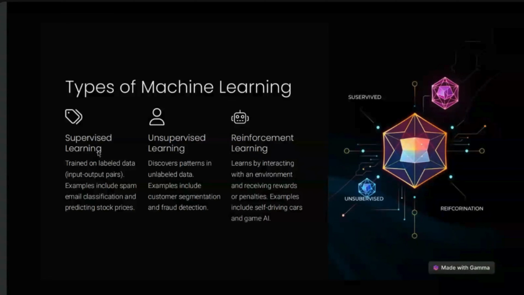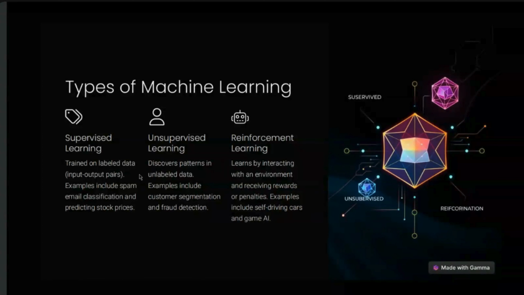First is supervised learning, in which the model learns from labeled data, like spam detection and image classification.